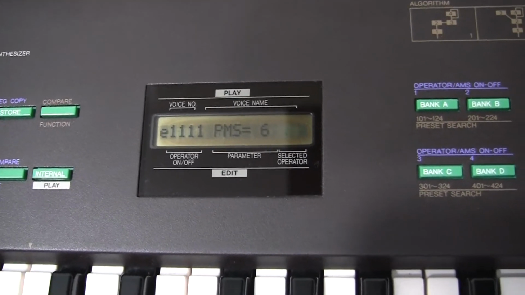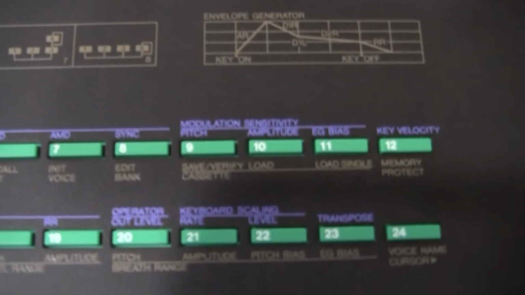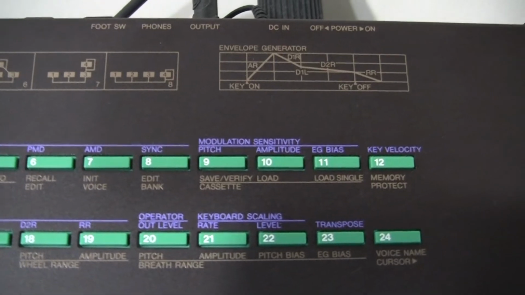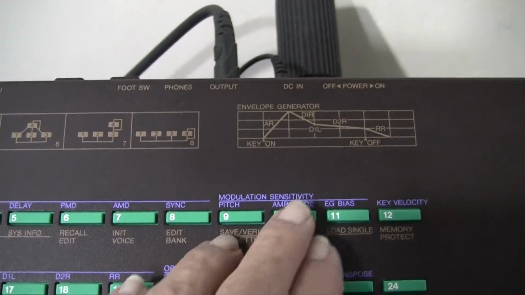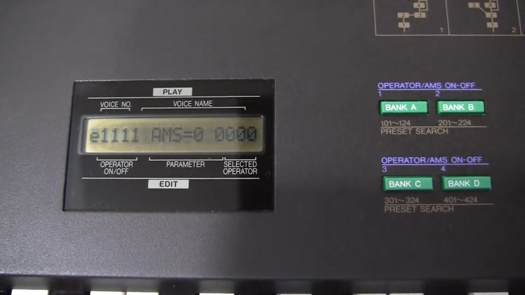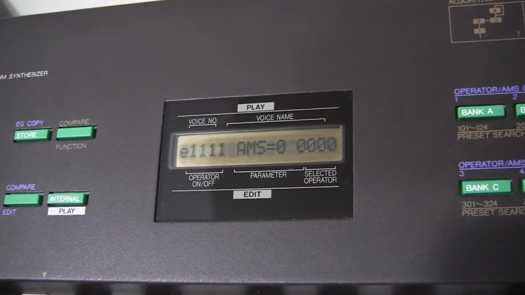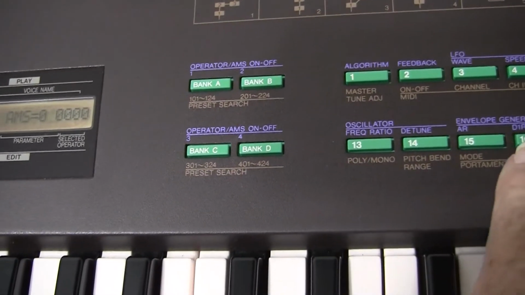So the PMS and the PMD work together to get you pitch modulation or vibrato, whereas the AMD, amplitude modulation depth, and the amplitude modulation sensitivity, AMS, work together. See, the AMS is all zeros. So we wouldn't be able to get any amplitude modulation going, which is normally called tremolo, without affecting that. But we're not interested right now in that.